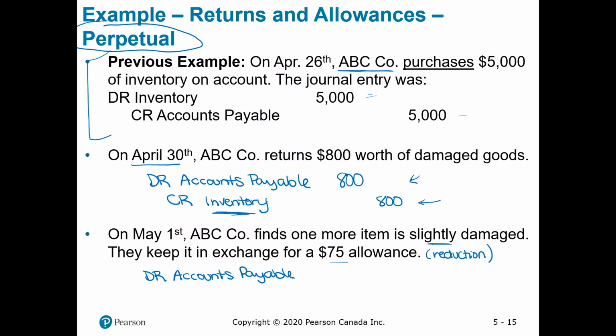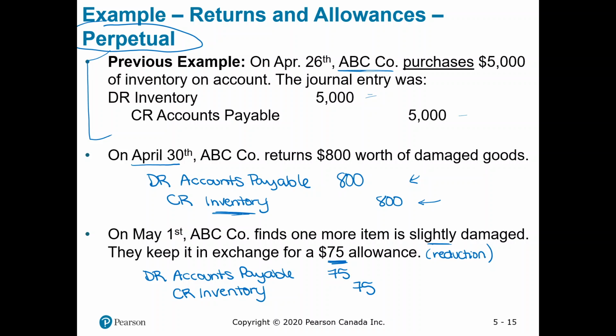We just got this reduction in price by $75, so we get to debit our accounts payable to decrease this. And by giving us this reduction, it's also reducing the cost of the inventory. So now the amount that we purchased costs $75 less. So we credit our inventory account to show that decrease in the cost.